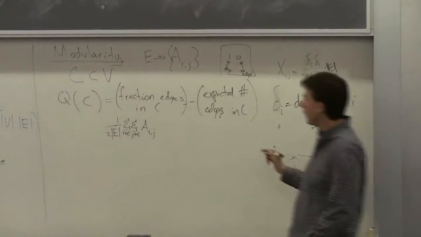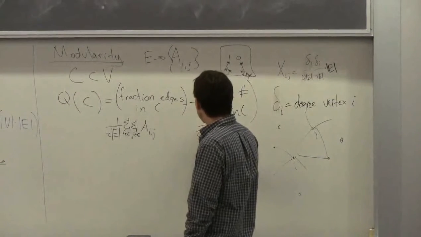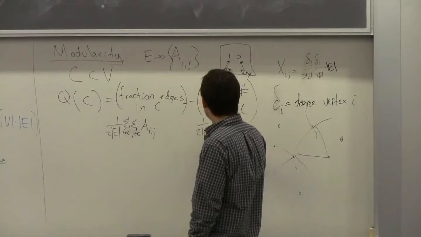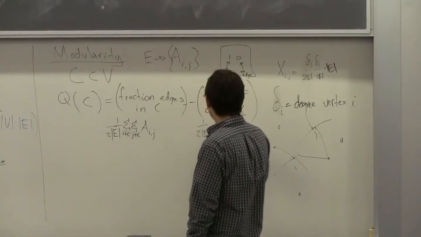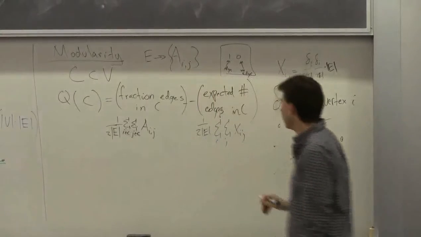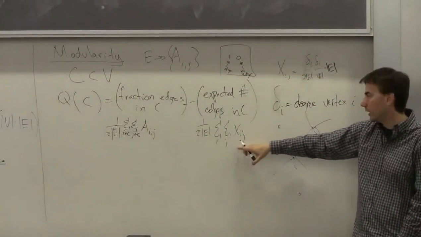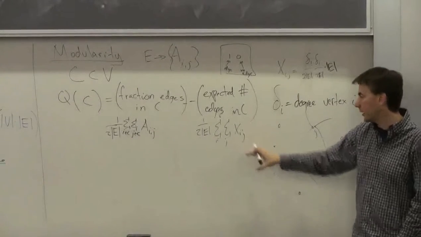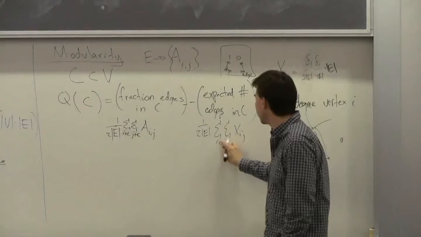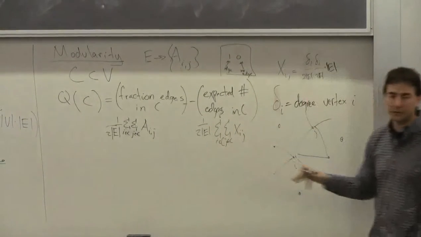So this goes, and then here I can say 1 over... so then the expected number of edges in this set is defined here, where I only consider the vertices in this community.